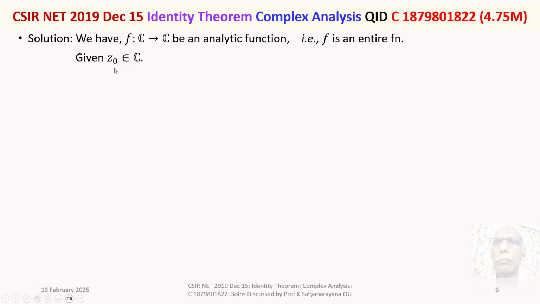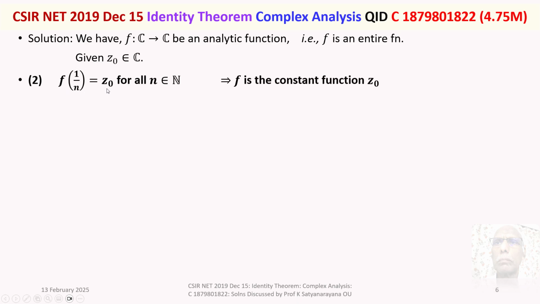We are given a z0 belongs to C. We call on option 2, f of 1/n is equal to z0 for all n belongs to N, implies f is the constant function z0. Yes, we have recognized this one, and this can be done by the application of the identity theorem.